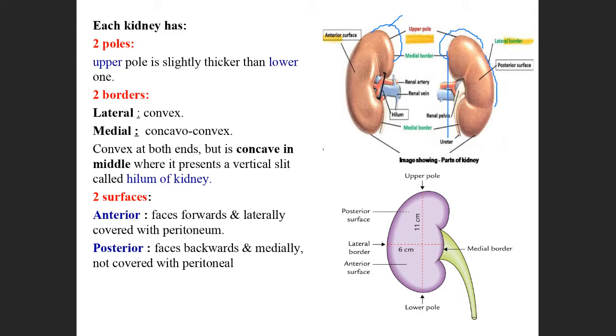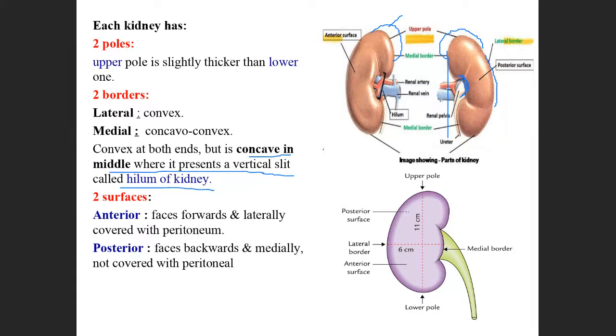Okay. Next, the borders already discussed: the lateral border is convex and the medial border is concavo-convex, with the presence of the hilum. The hilum is present in the middle of the medial side.